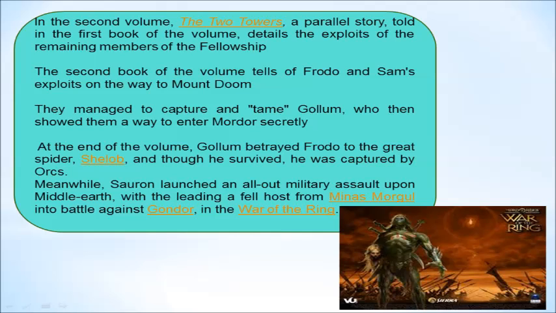A slave to the ring's evil power, Gollum desperately sought to regain his precious. As they proceeded through the mines, Pippin unintentionally betrayed their presence, and the party was attacked by creatures of Sauron. Gandalf battled a giant subterranean demon, the Balrog, and fell into a deep chasm, apparently to his death.